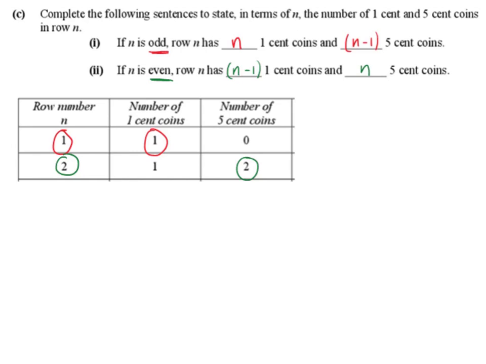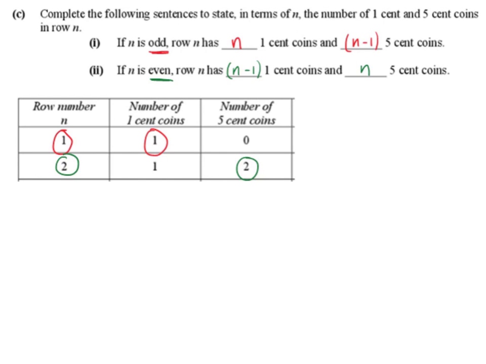So if we just take our first two rows and have a look at the number of 1-cent coins and the number of 5-cent coins. So in row 1, we had one 1-cent coin and 0 5-cent coins. And in row 2, we had one 1-cent coin and 2 5-cent coins.